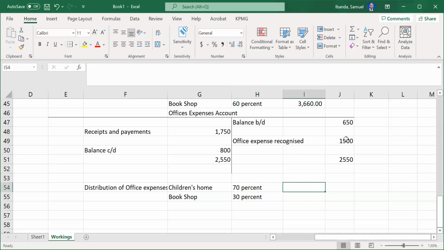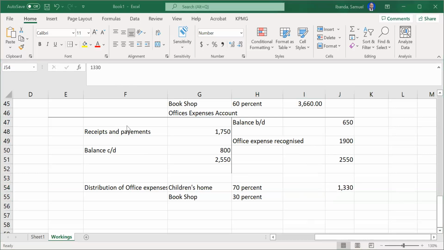So you now distribute, so it means that this will be 0.7 times 1,900, which gives me that.